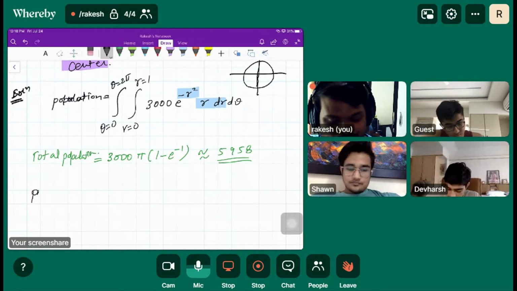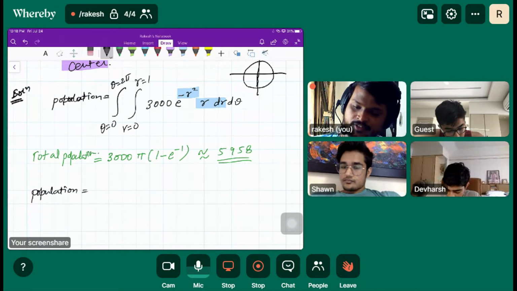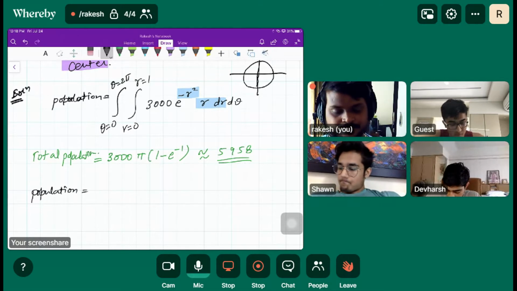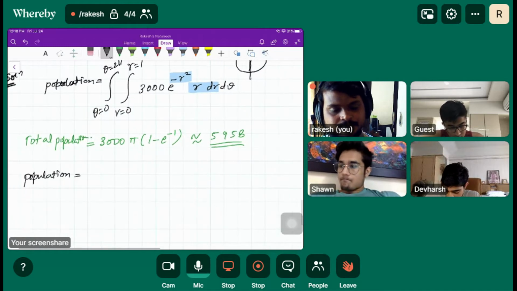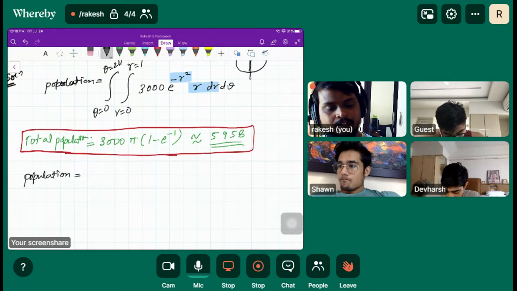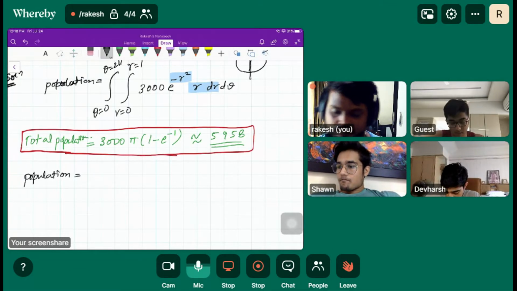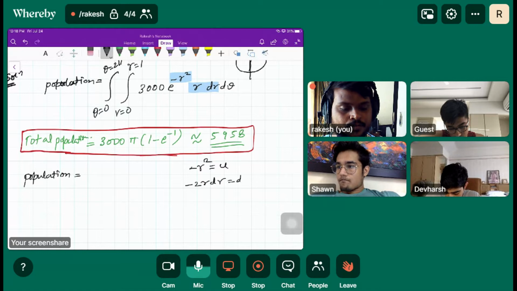Okay, so let me solve this one. See, when we plug in r square, minus r square is equal to u, minus 2r dr is equal to du, then r dr is equal to minus 1 over 2 du, right?